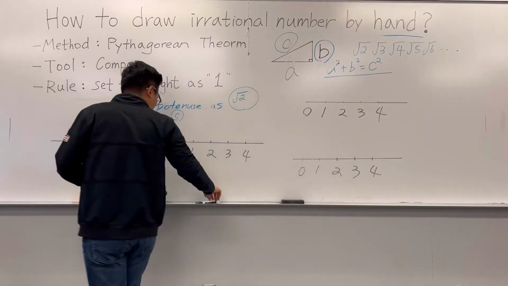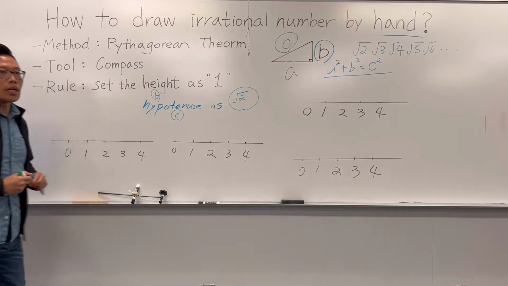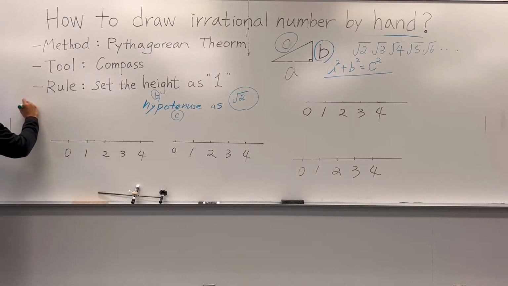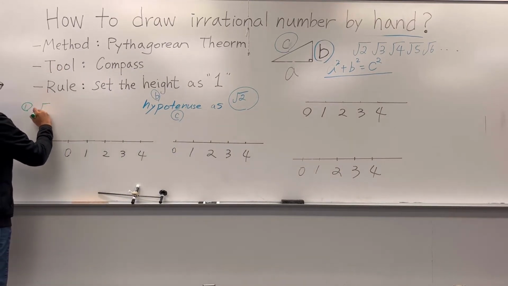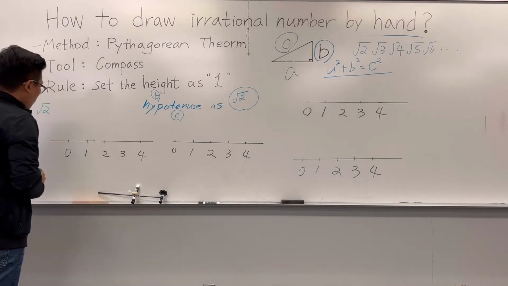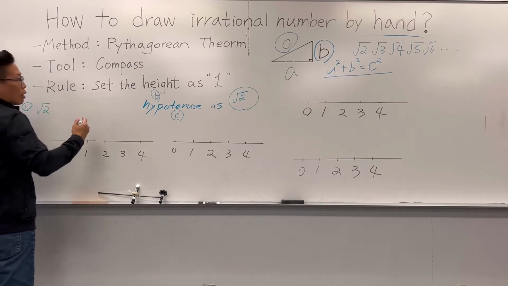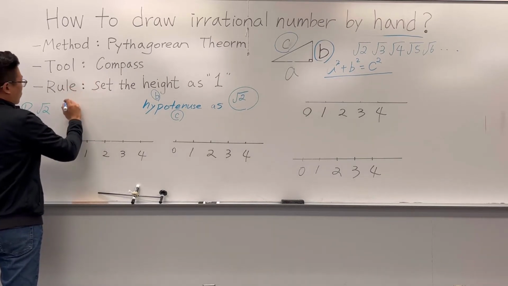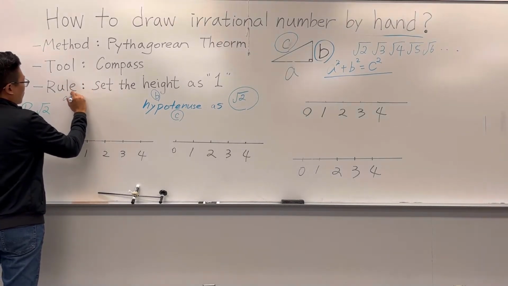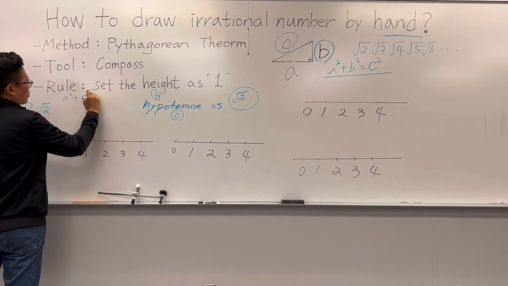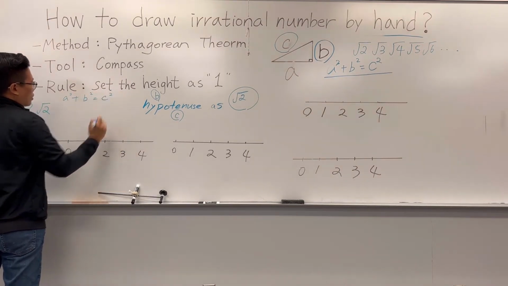Alright, so now it's time to give you some examples. For the first example, I will just do the square root of 2. First of all, I'm going to write down the Pythagorean theorem formula, that is a squared plus b squared equals c squared.